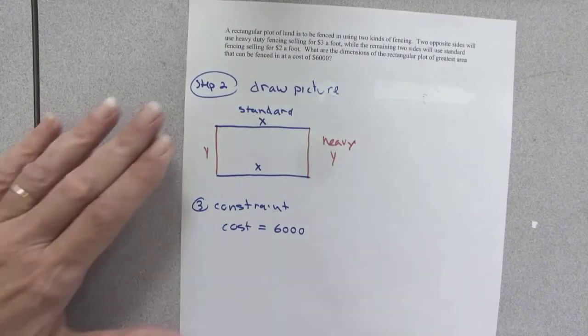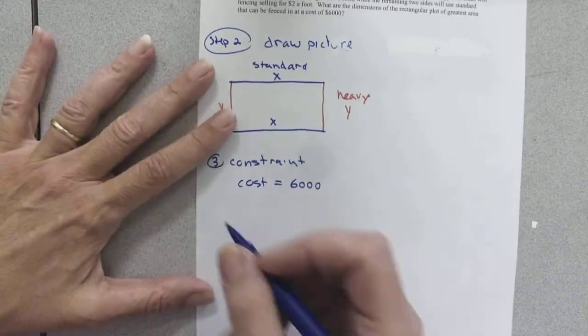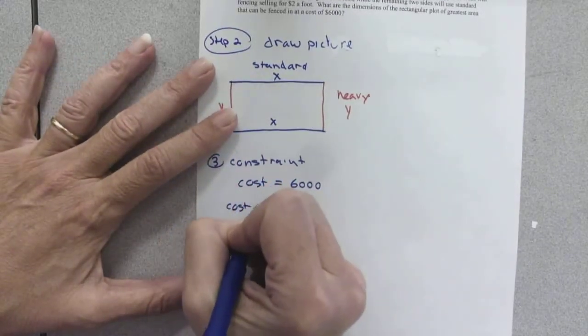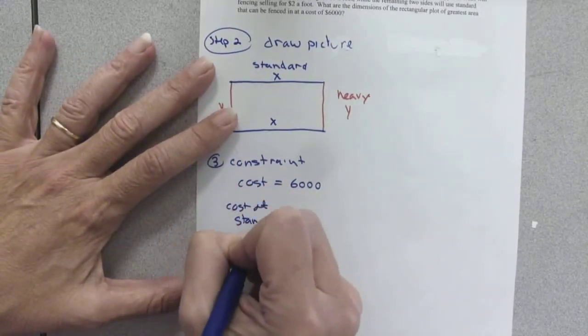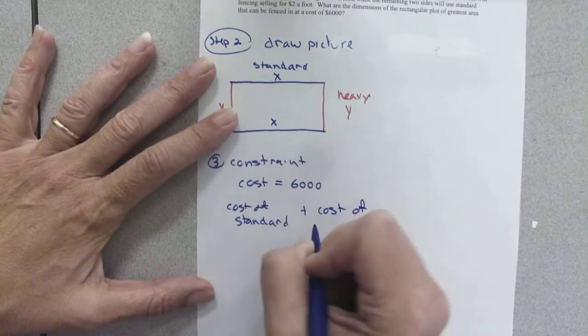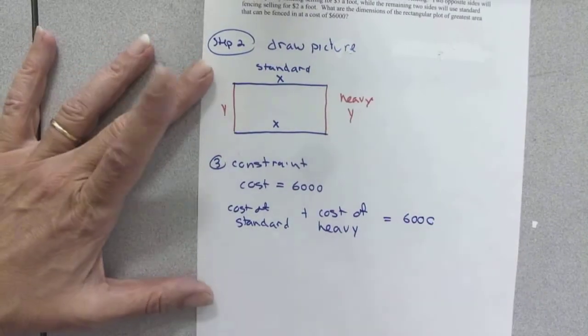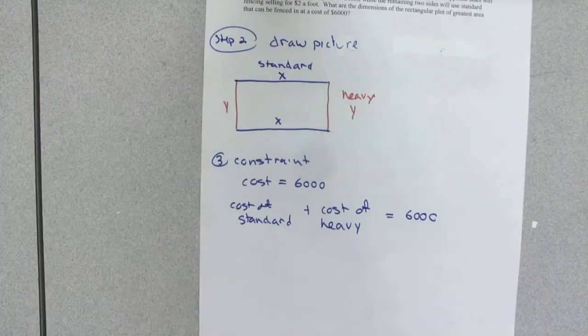Now, thinking about the cost. In general, we've got heavy and standard, so it's going to be the cost of the standard plus the cost of the heavy is going to be $6,000. Then thinking about it some more, how we do cost.